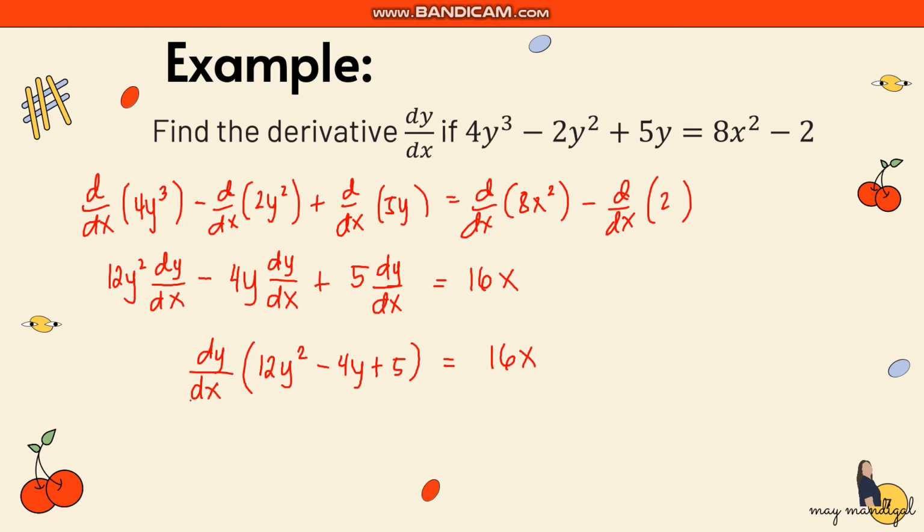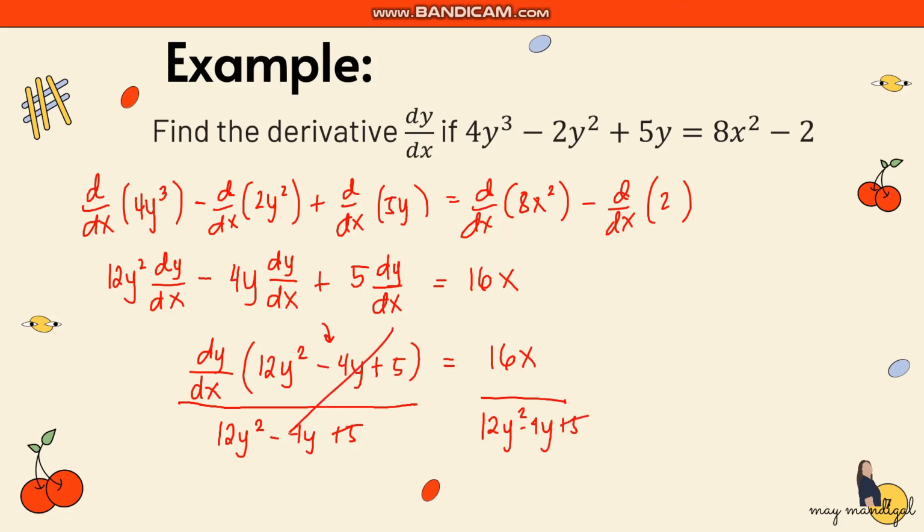And then after that, like what we did in the first example, we will divide both sides of the equation by 12y squared minus 4y plus 5, so that we can cancel it. This one also 12y squared minus 4y plus 5. So cancel.